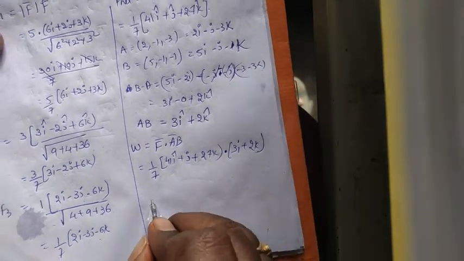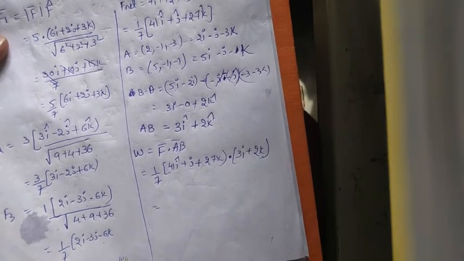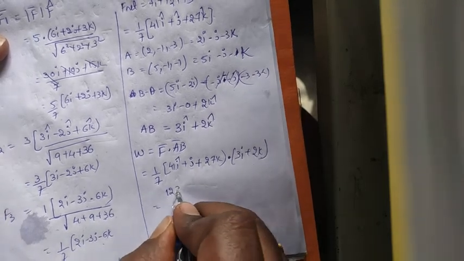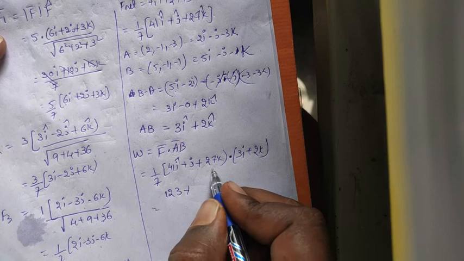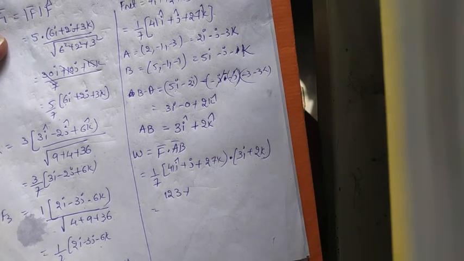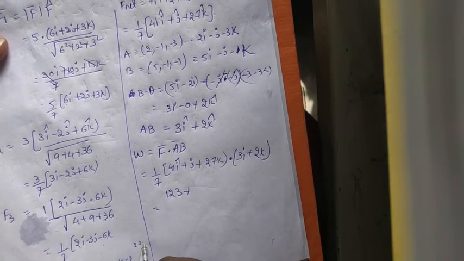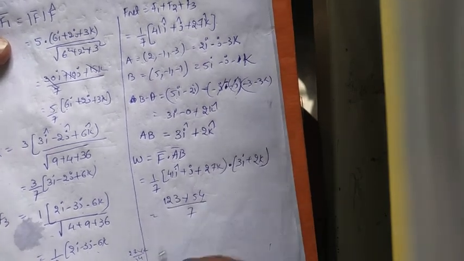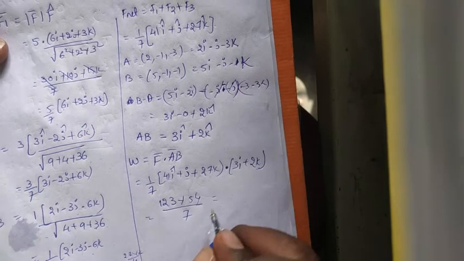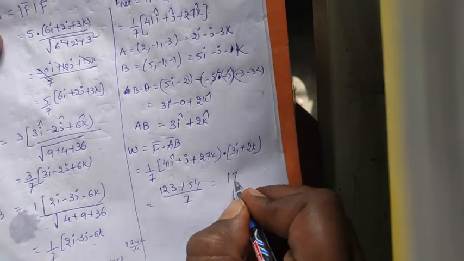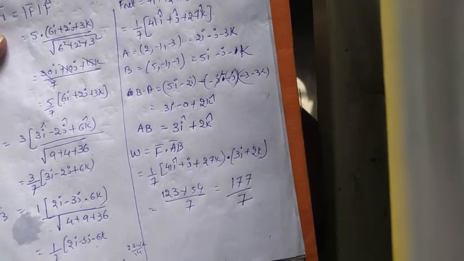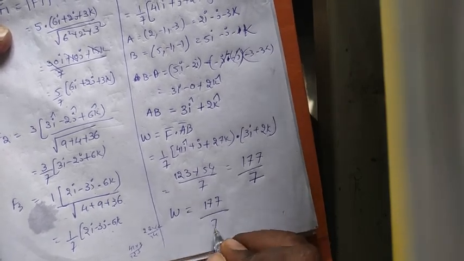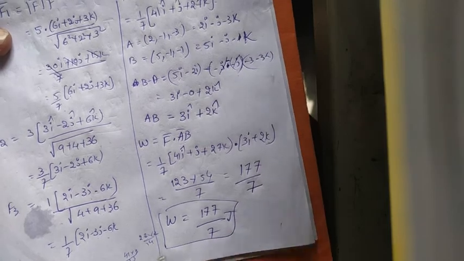So 41 into 3 is 123, plus here there is no j term, and next 27 into 2 is 54 by 7. So 123 plus 54 is 177 by 7. So the total work done is 177 by 7.